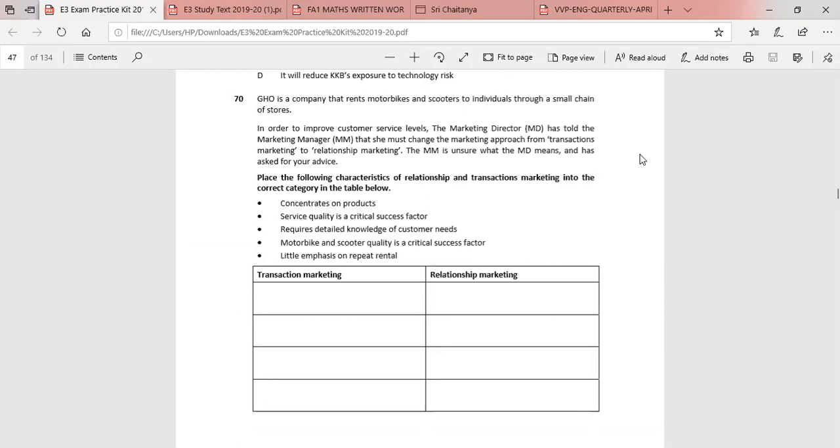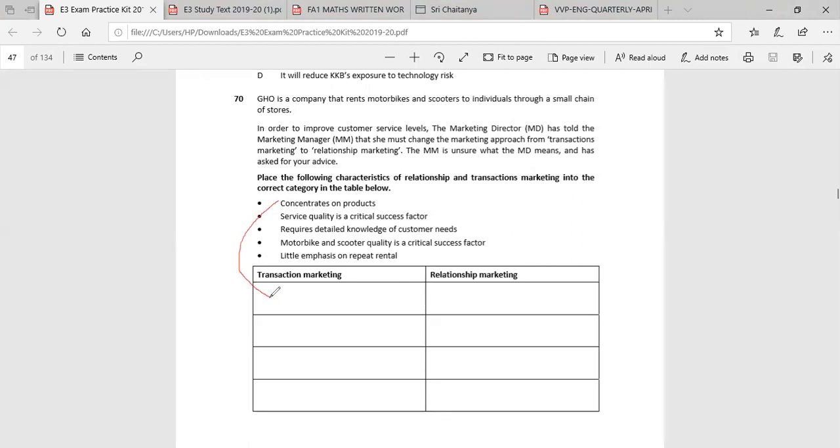It's only focusing on one-time purchase, but relationship marketing talks about maintaining a relationship with the customer in the long run. So long run is the focus under relationship marketing. So concentrates on product will go to transaction marketing.